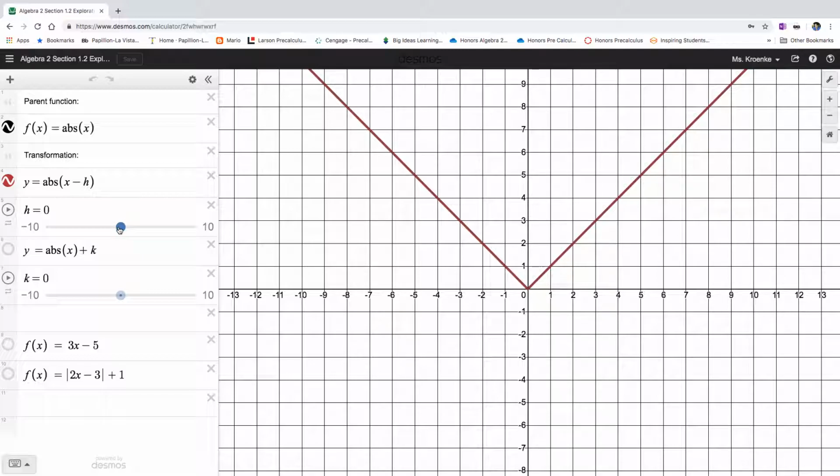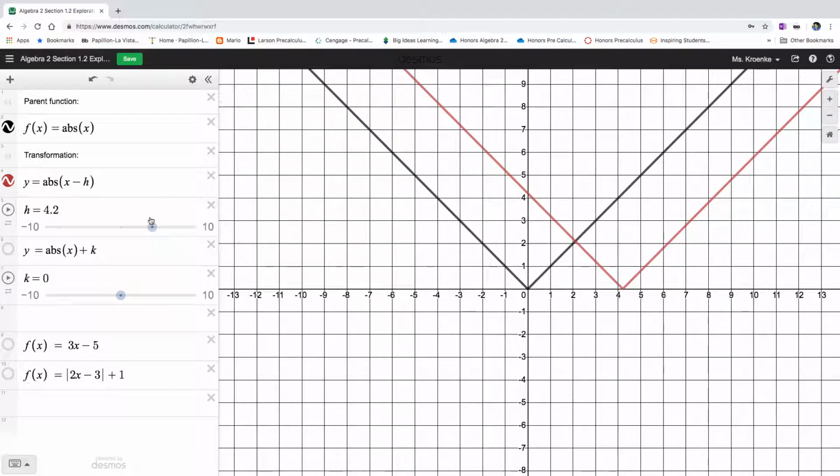So I'm going to put in different numbers for h. Watch what happens if I put in positive numbers for h. What's happening to the graph? It's moving to the right. So when I put in positive numbers right here, like right now, it looks like h is 4.2.